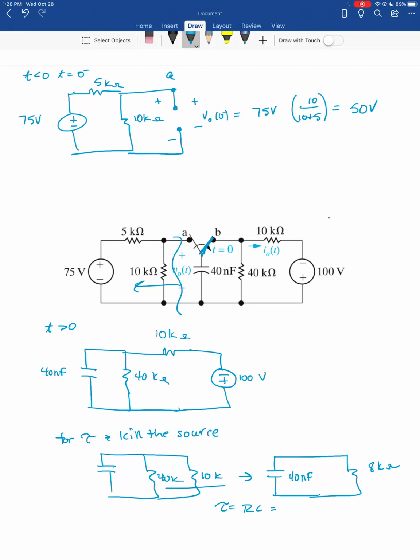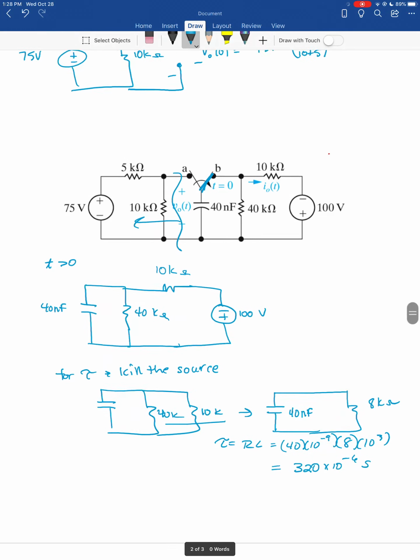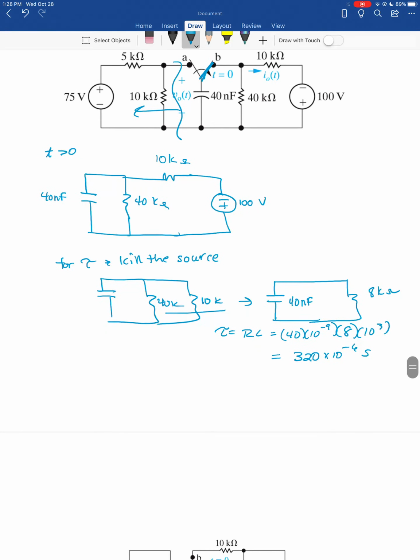So tau is RC, which is 40 times 10 to the minus 9th times 8 times 10 to the third, or 320 microseconds. That gives us an evaluation of the time constant.